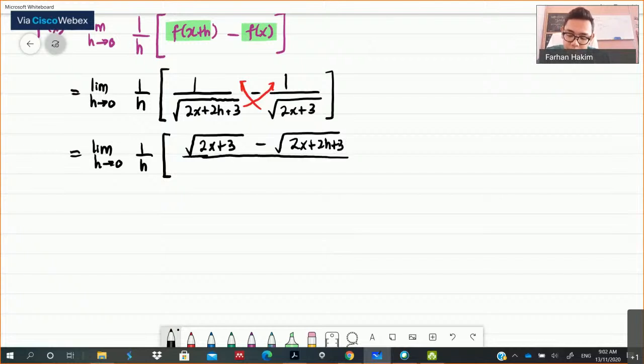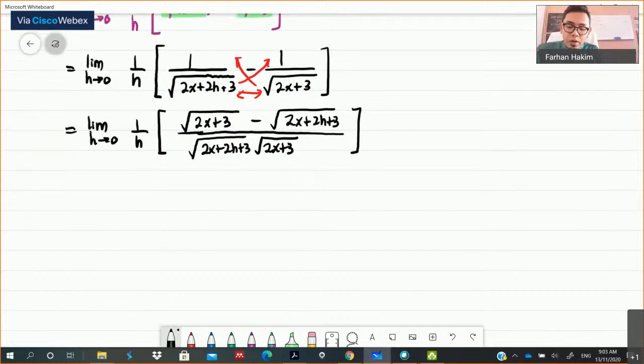So that one will be over the square root of 2x plus 2h plus 3 times the square root of 2x plus 3, because we do the cross multiplication to make the denominator the same.